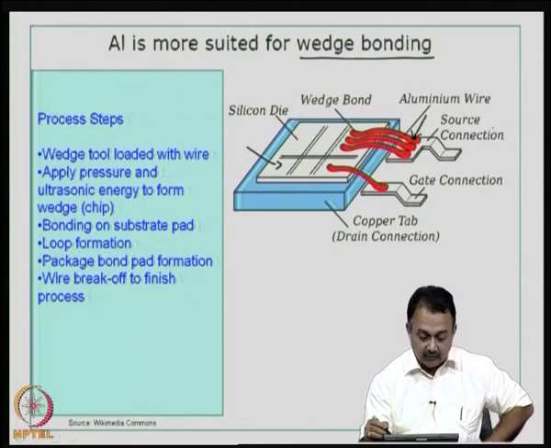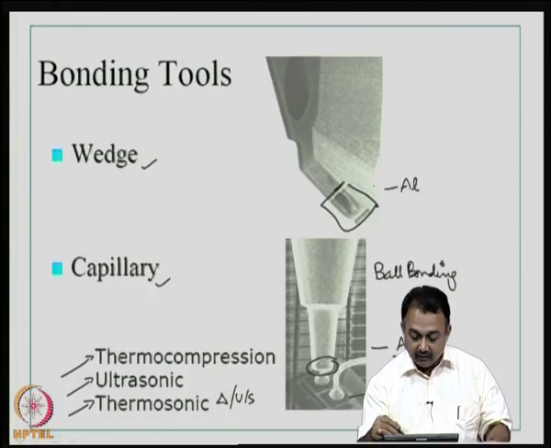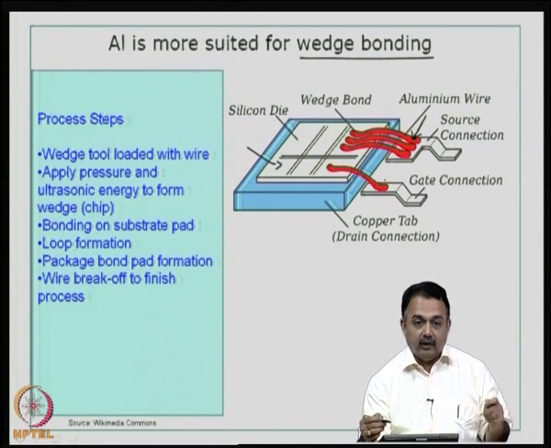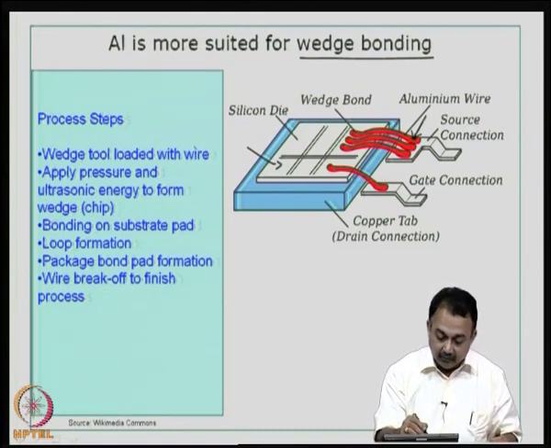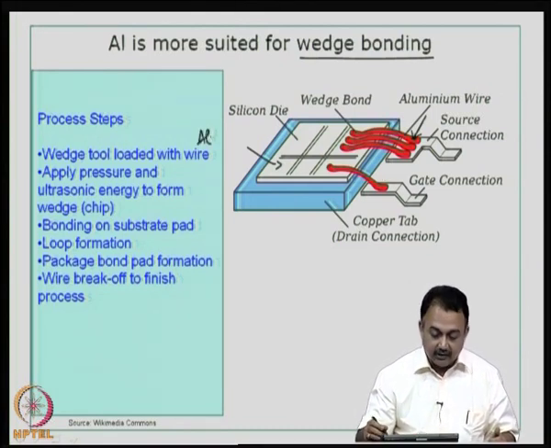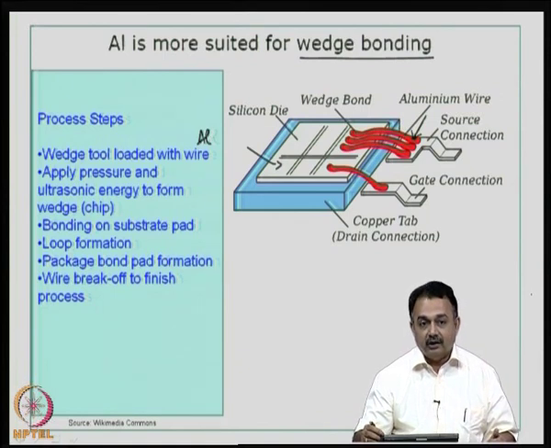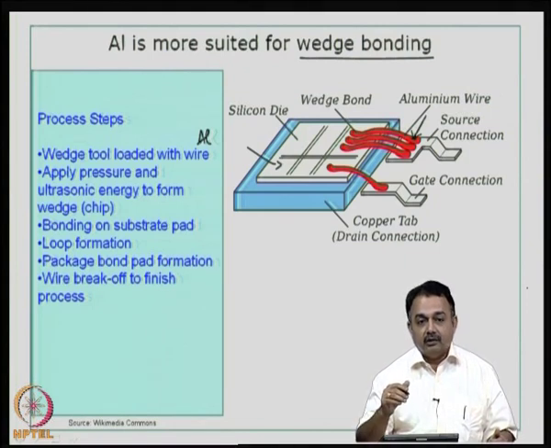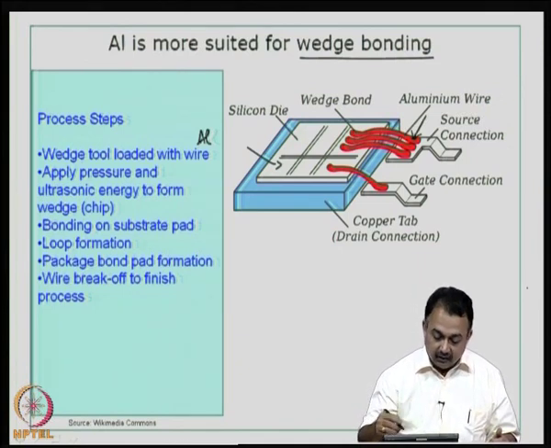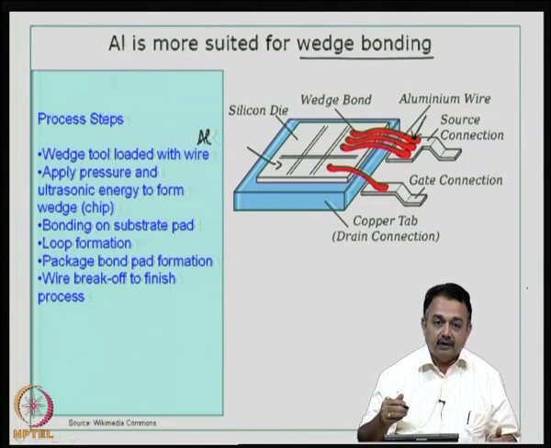Now, the wedge tool, the tool that you saw earlier, is loaded with the wire, typically aluminum. Now, you apply pressure and ultrasonic energy. The reason for using ultrasonic energy is you can reduce the temperature of operation, because ultrasonic energy will require a minimum amount of energy in the form of heat.